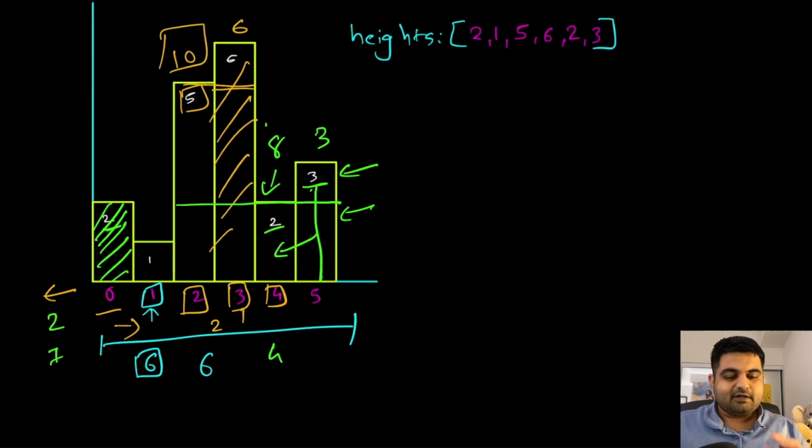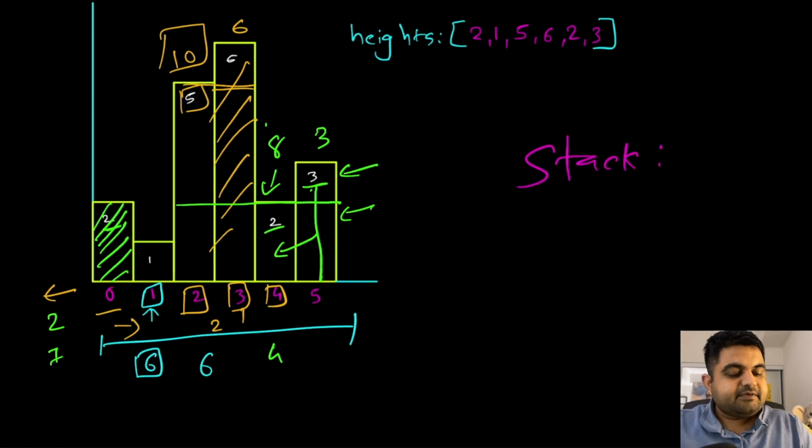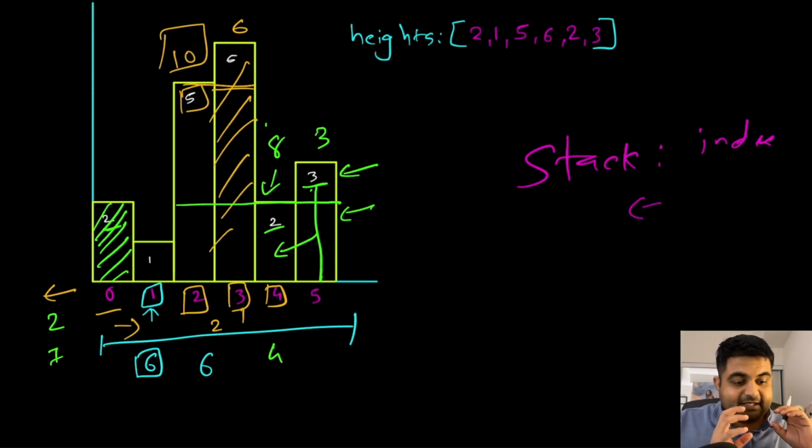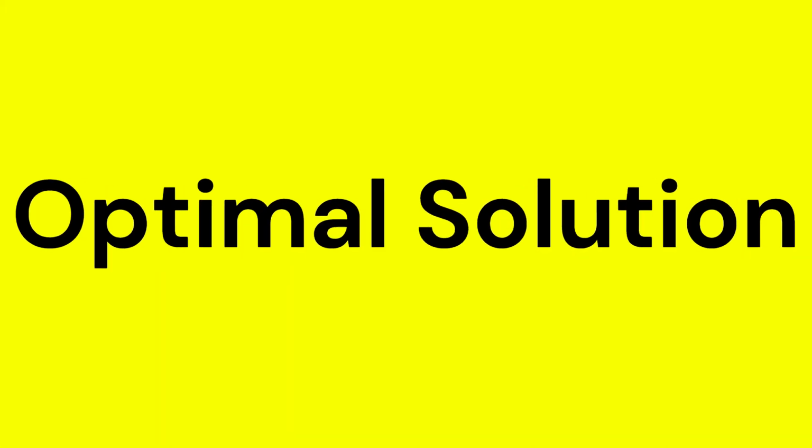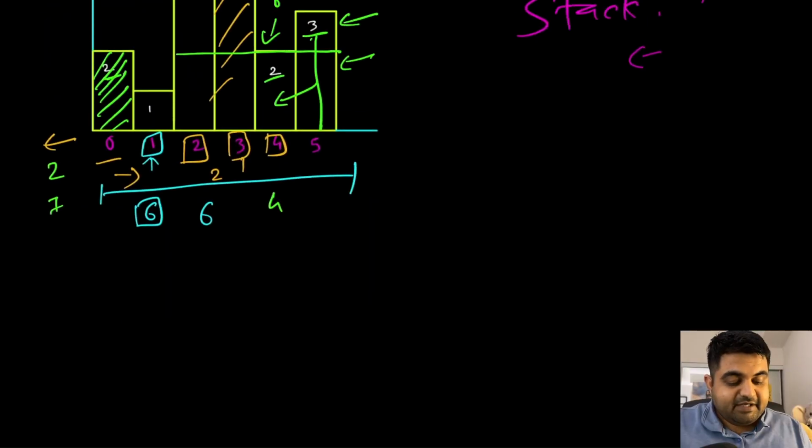It might even work, but there exists a better solution, where we use a stack to keep track of the current index position and until what previous index positions we are maintaining that height, and then we can very easily solve this problem. Why do we need to use the stack?